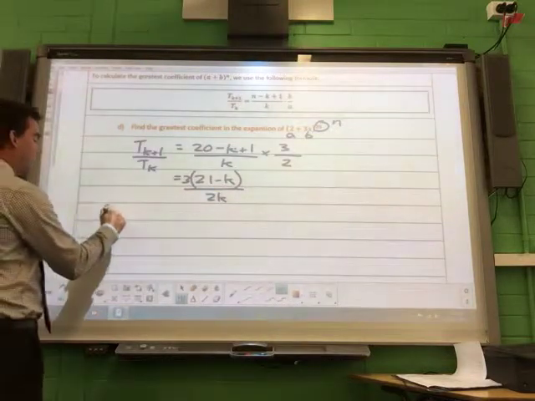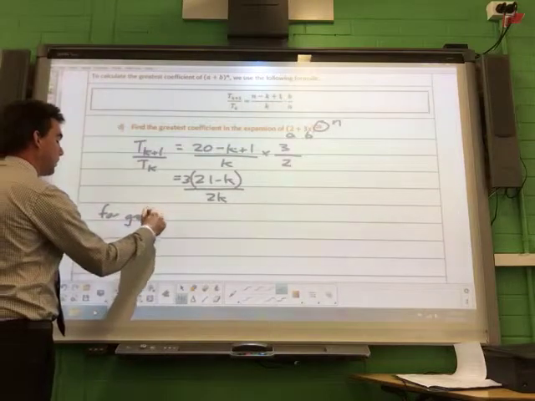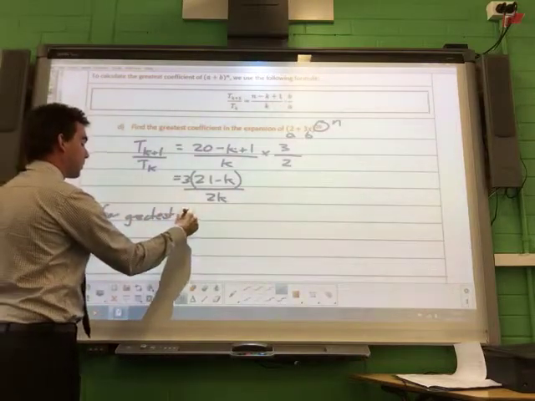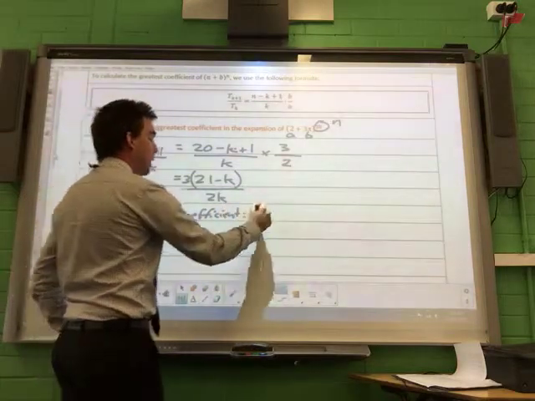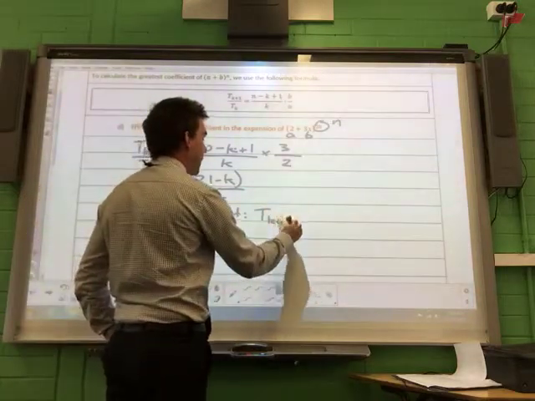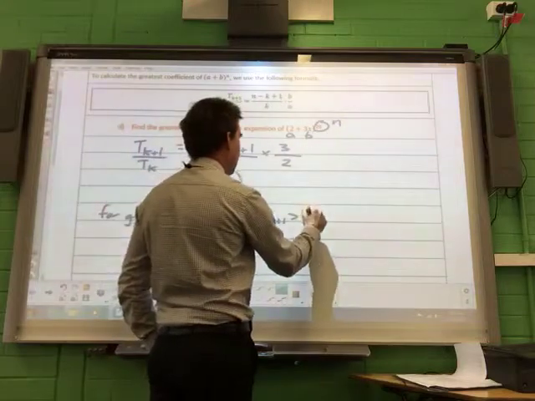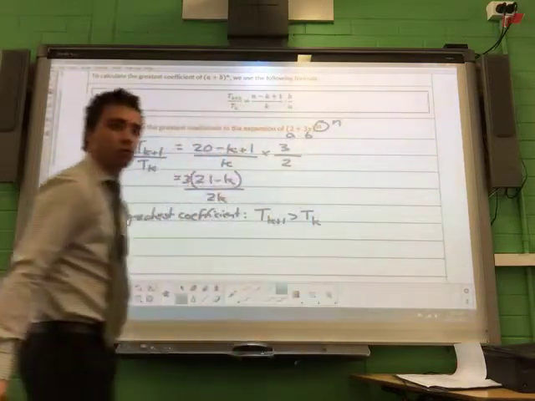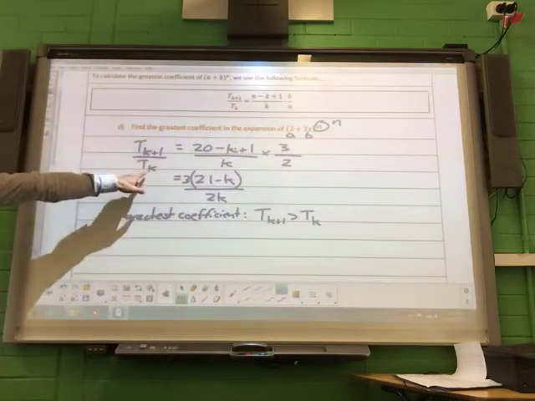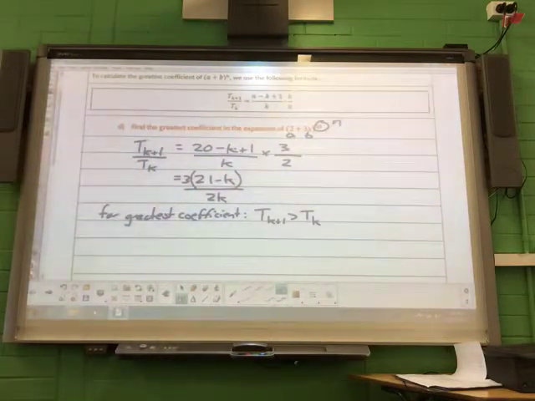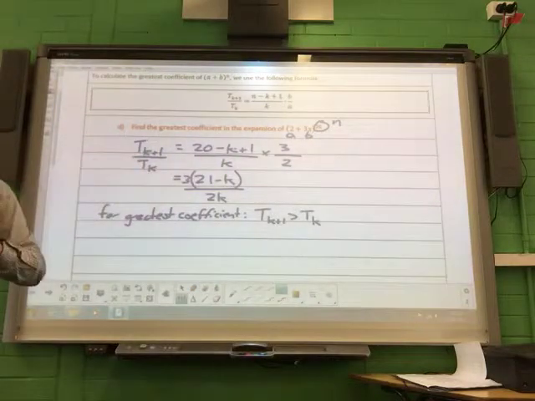Alright, so for greatest coefficient, okay, we need to find the point and the value for k where our current term is greater than the previous term. Alright, so we've got k + 1 and the previous term of t(k). We need to find that value for k that makes that inequality true.